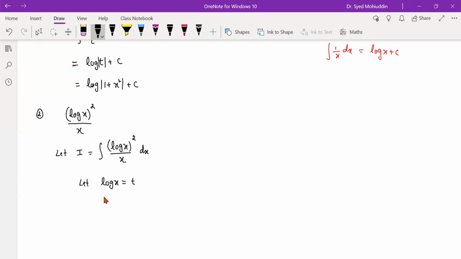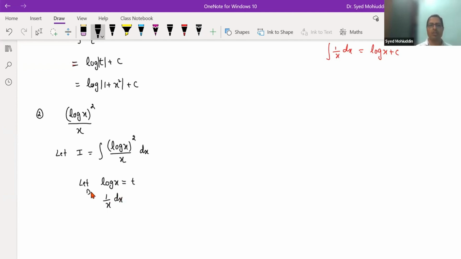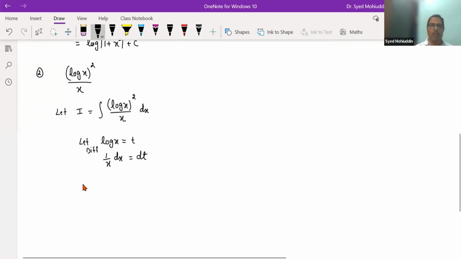Log x is t, therefore we'll try to differentiate this one. So differentiation of log x will be 1 by x, and differentiation of x will be dx. I'm just trying to differentiate this one. That will be equal to differentiation of t, which will be dt. Now you plug in this value back over here in the given integral. You will be getting I is equal to the integral of log of x, which is t, so because it is squared there, we are getting t square, and 1 by x dx.